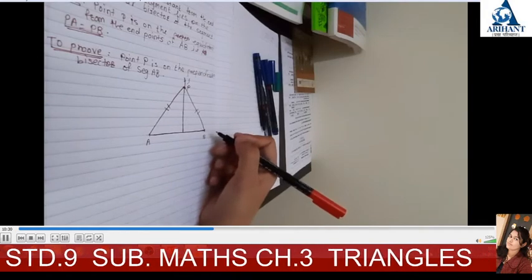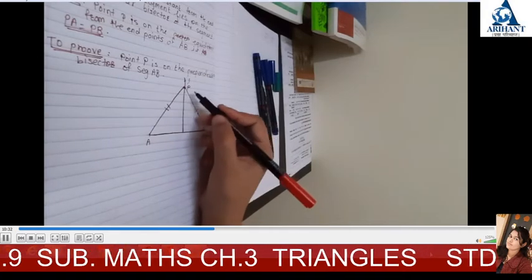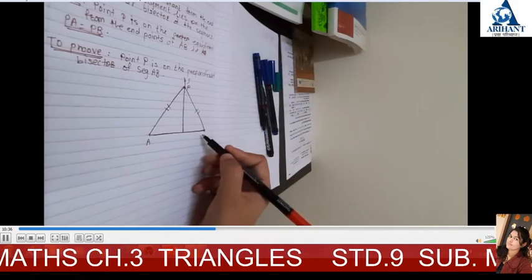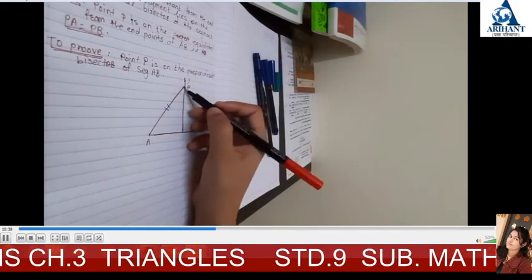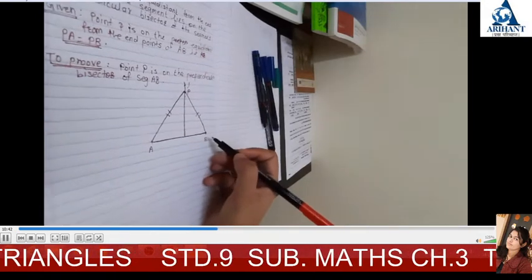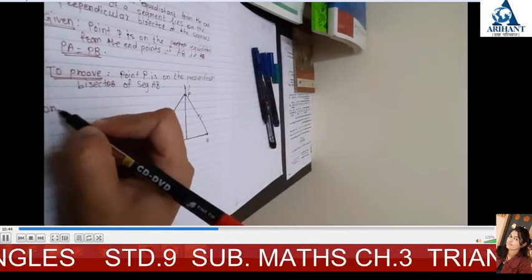Now what do we have to prove? We have to prove that point P is on the perpendicular bisector of AB. That is, we have to prove that this is the perpendicular line on segment AB. So for that we need one construction.